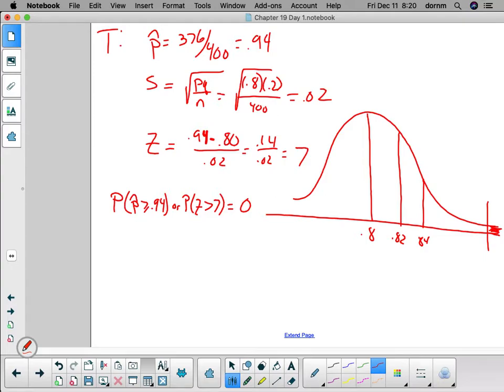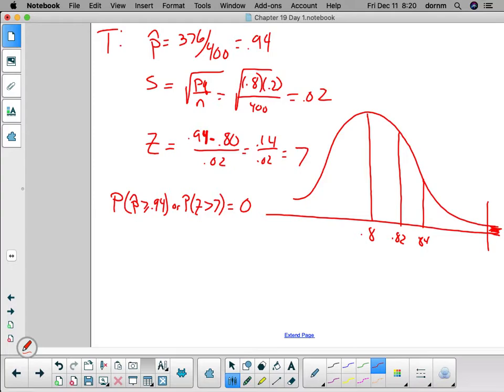I want to know if it's greater than P0, and I'm going to calculate. And it gives me a p-value of 0.0000000000128. It gave me a z-score of 7.